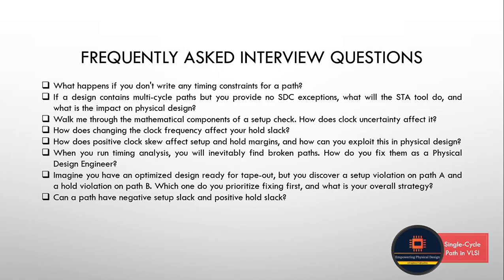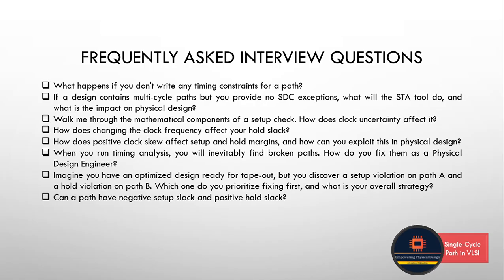The last question is, can a path have negative setup slack and a positive hold slack? Well, a path can have both negative setup slack and positive hold slack because setup and hold constraints evaluate completely opposite boundaries of data path delay.